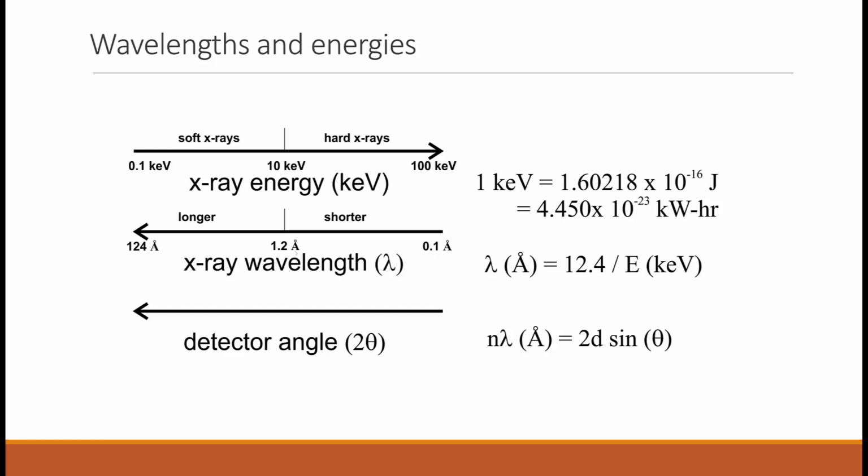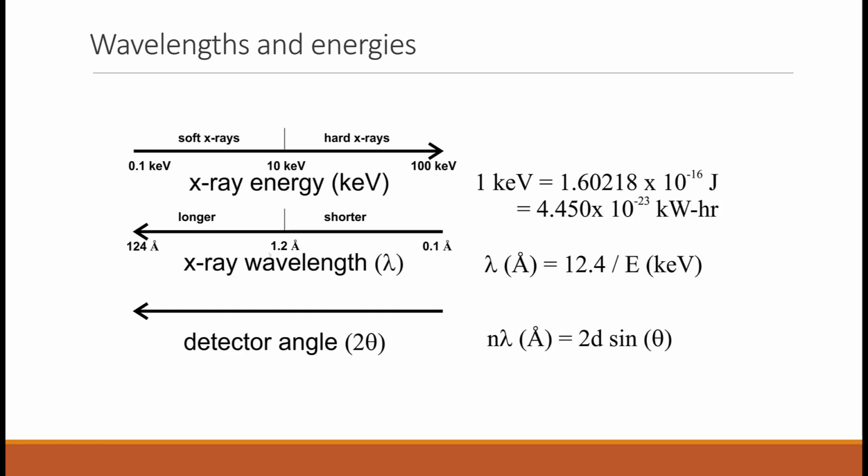So 1.2 angstroms is about the dividing line between longer wavelength and shorter wavelengths. 124 angstroms would be considered a long wavelength X-ray, and 0.1, or a tenth of an angstrom, would be short wavelengths. This is about the scale of the size of atoms, an angstrom or more.